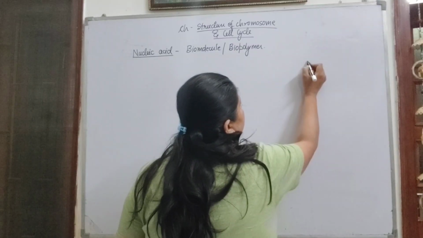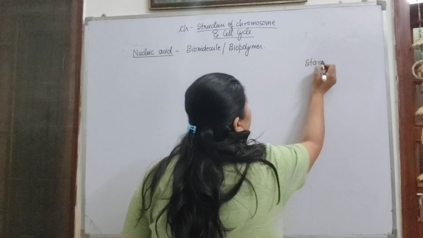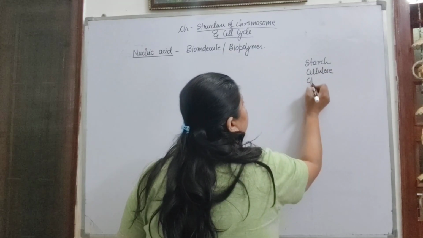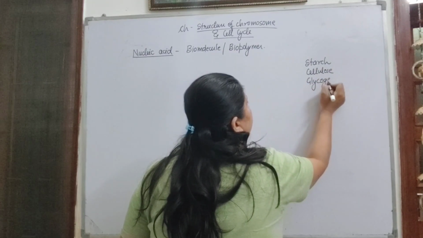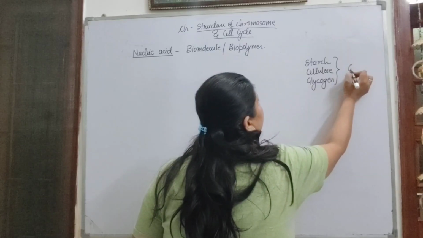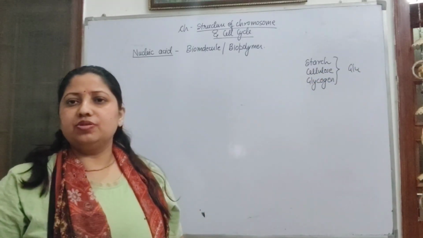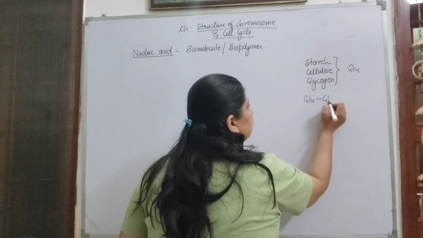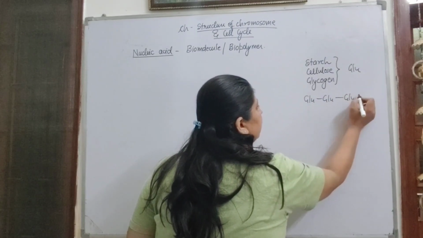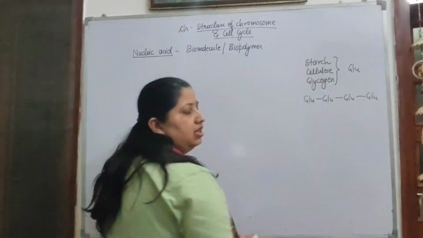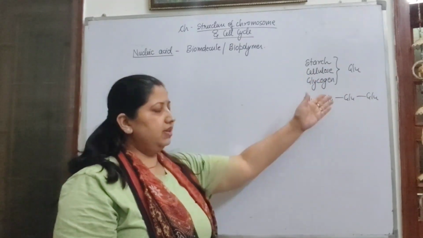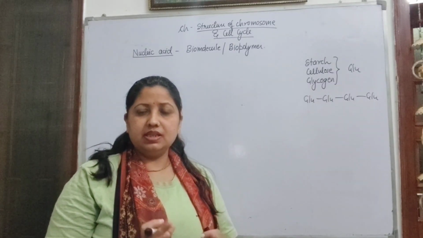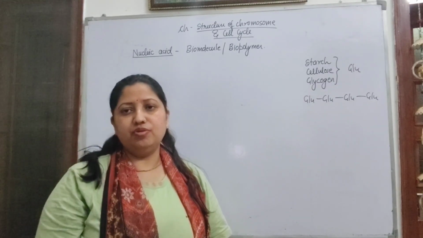Suppose we talk about starch, cellulose, glycogen. These are polymers of glucose. Glucose is a monomer molecule; they unite multiple times in various ways and give the structure of a polymer. So polymer means a chain of monomers.